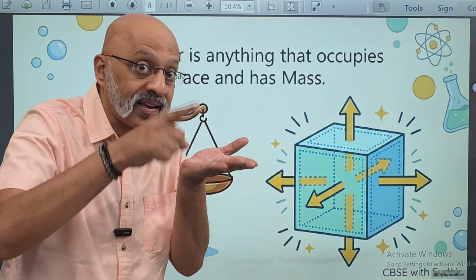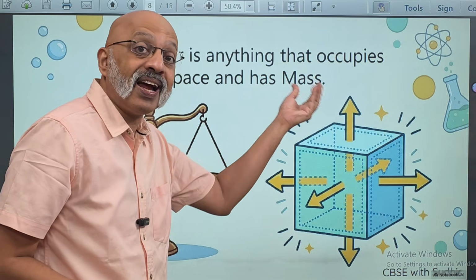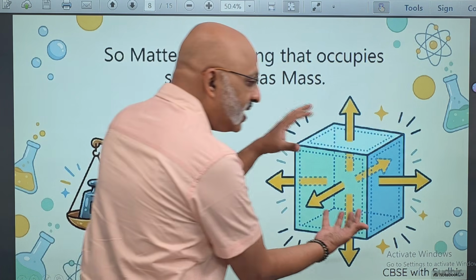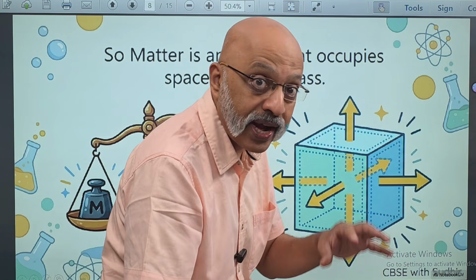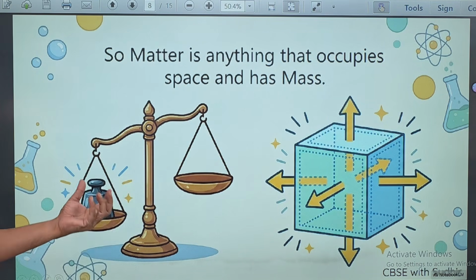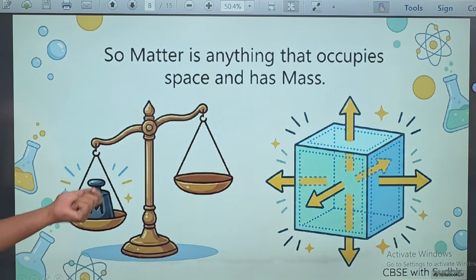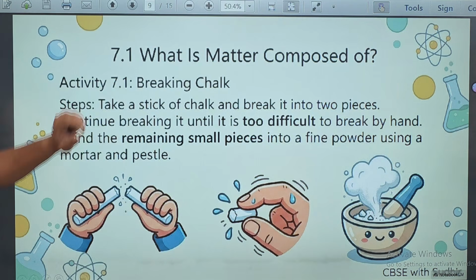Now, we know that mass and weight are different, but I'm just using this word for you to understand the word mass. So anything that has some kind of mass, and would have some kind of weight on earth and also occupies space, is matter. So this is the basic definition of matter that you need to know.